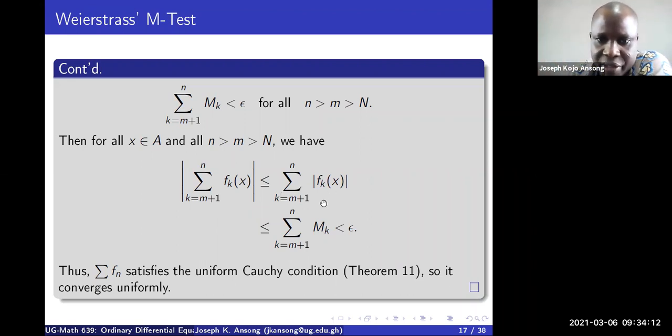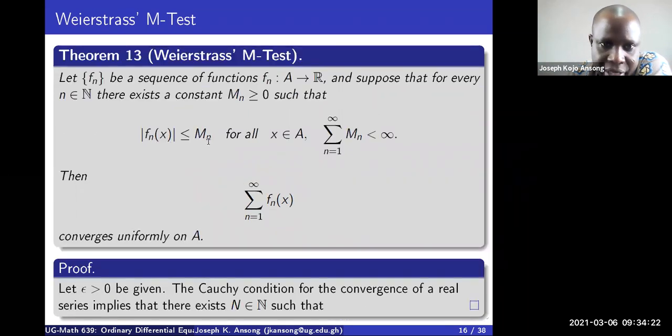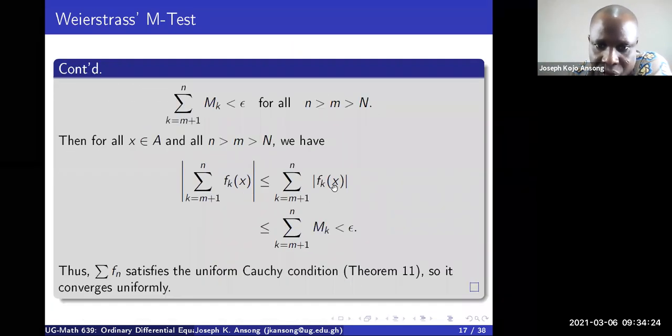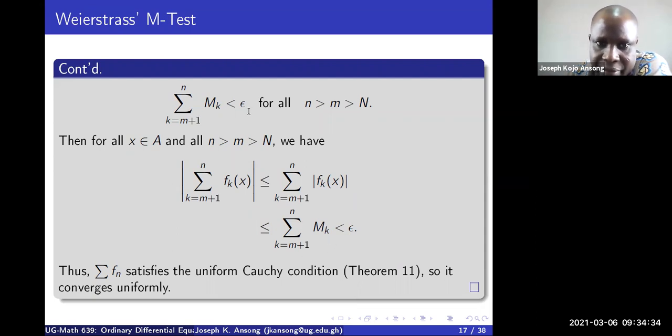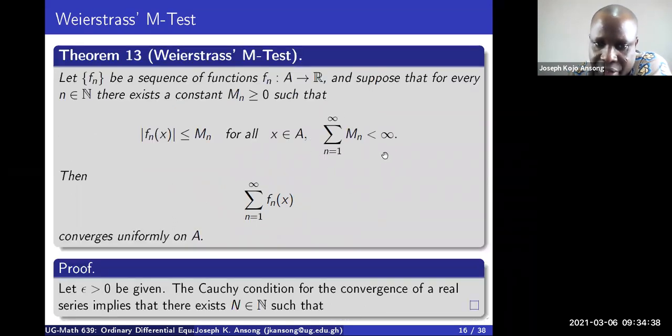It's the same here. But we know that the absolute value of fk of x is less than Mk, so this is less than or equal to the sum of Mk. But we also know that the partial sum of Mk is less than epsilon, using the Cauchy condition.